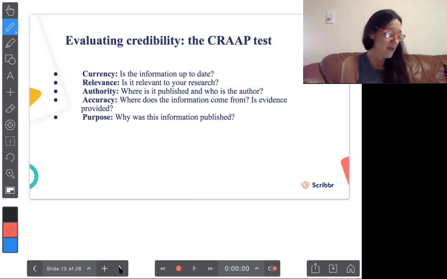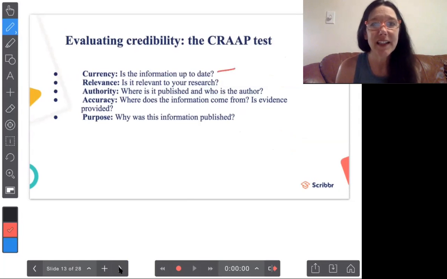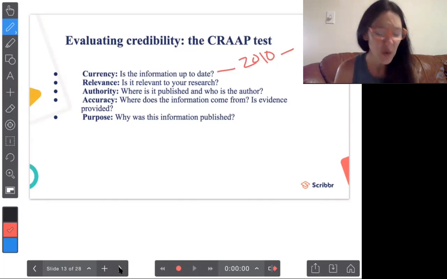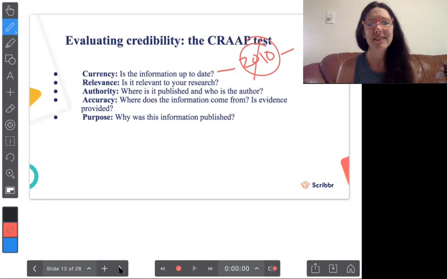Okay, is the information up to date? So if you're looking at the current events or current status of something, you can't look at 2010, right? I mean, sad to say, it's 10 years ago. Oh, how did that happen? Right? 2015 is kind of old. So if you're looking for up-to-date stuff, you've got to look at 2019 and 2020, right?